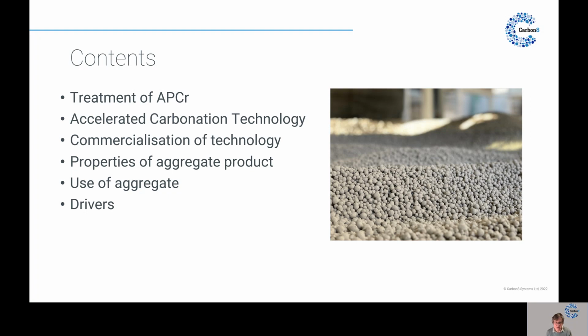I'd like to explain a little bit about accelerated carbonation technology for those who are not familiar with it, look at how Carbonate Systems has commercialized the technology, look at the properties of the aggregate product and the use of that aggregate and what the drivers are for the treatment process.